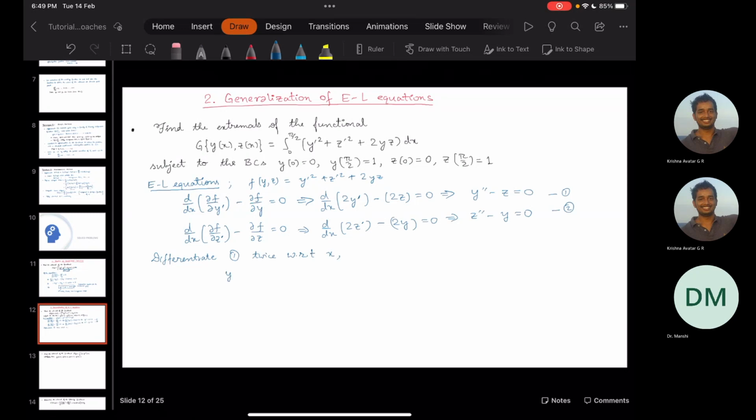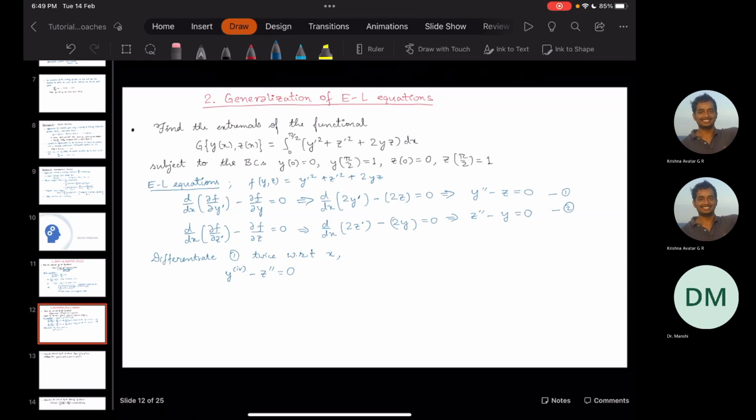The first term is already a second derivative of y, so differentiating twice gives the fourth derivative of y with respect to x, minus z double prime is equal to 0.